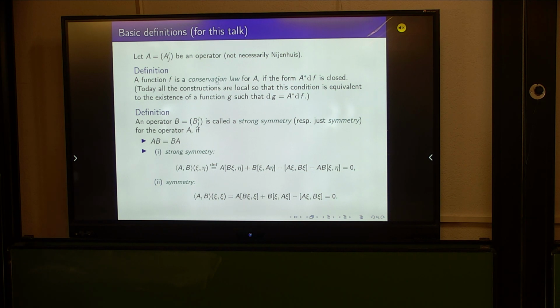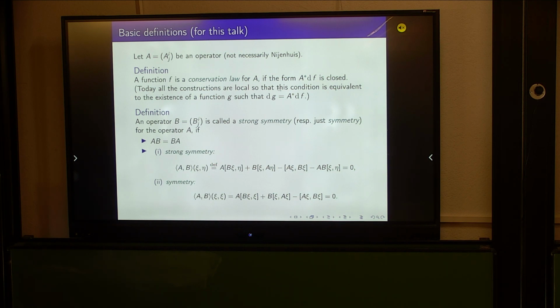A conservation law for an operator is a function f such that if I consider the differential of this function and apply the adjoint operator, because the differential is not a vector but a covector, then I get again a differential form, and I want this differential form to be closed.